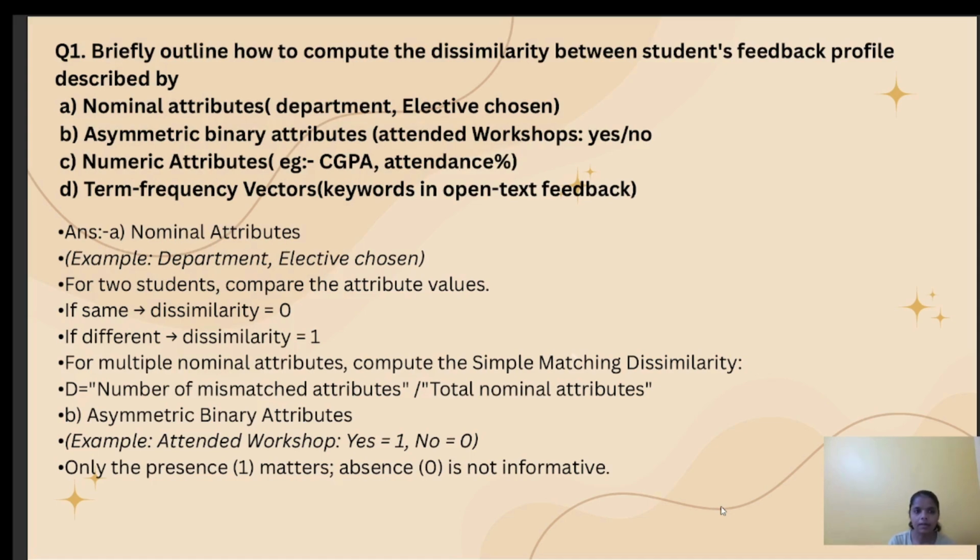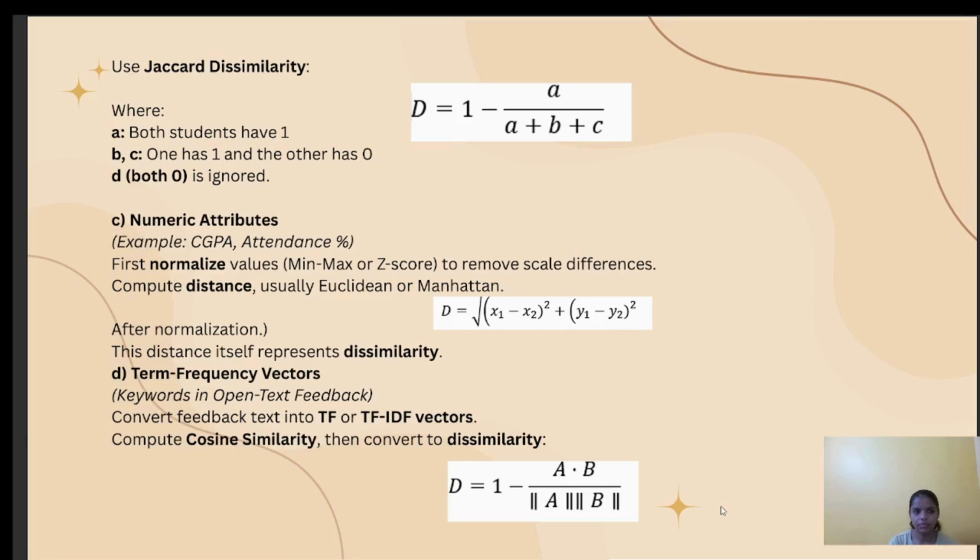Now in the second part, B, asymmetric binary attribute. For attended workshop, if yes, we represent it as 1, and if no, then 0. Only the presence, 1, matters here; absence, 0, is not informative.